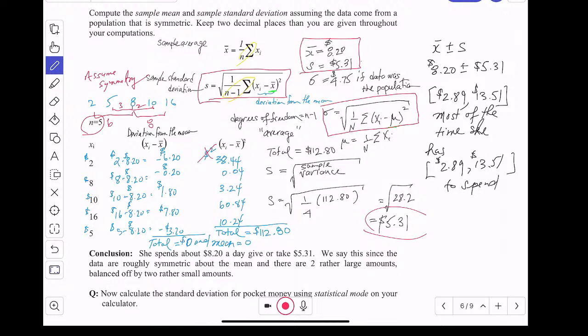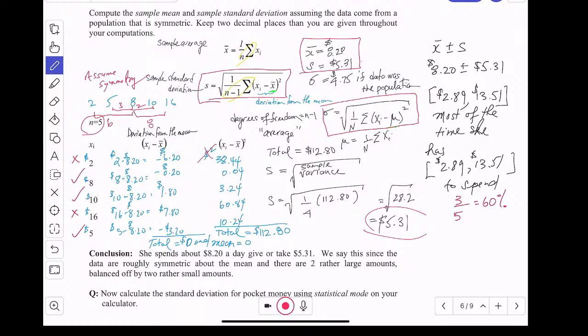So going back to the data, how many of the observations are in that range? Well, 2 is not in that range, 8 is, 10 is, 16 is not, but 5 is. So 3 out of 5 are in that range, which represents 60%.